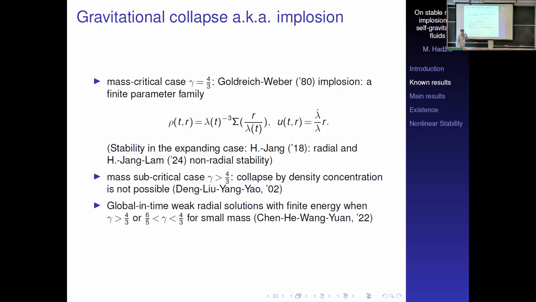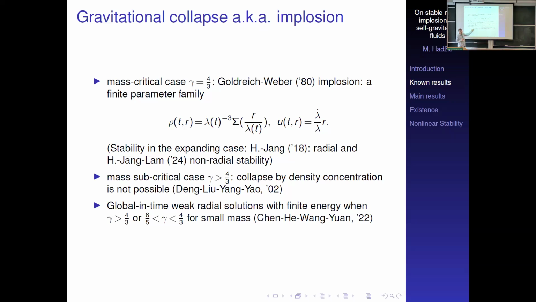On the other hand, you could say, well, what do we know about global well-posedness for this problem? Well, I just told you that things can blow up and so on. Nevertheless, at least in radial symmetry, you can produce globally defined weak solutions. And this goes back to this work of Chen, He, Wang, and Yuan.